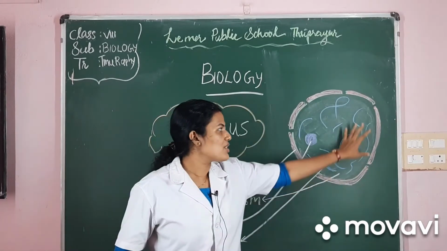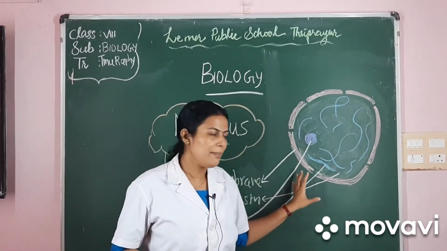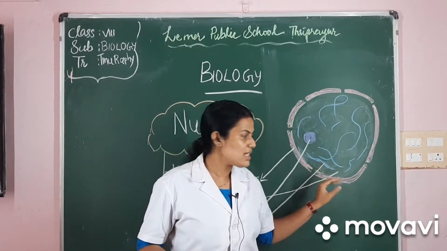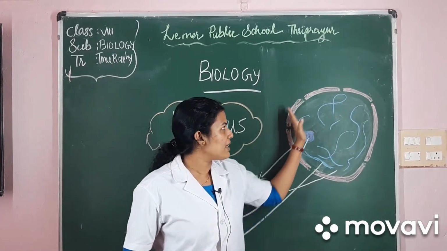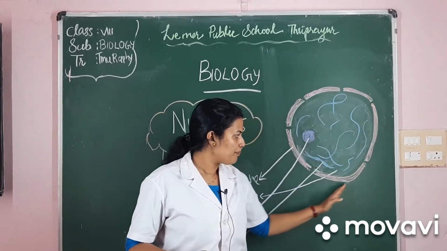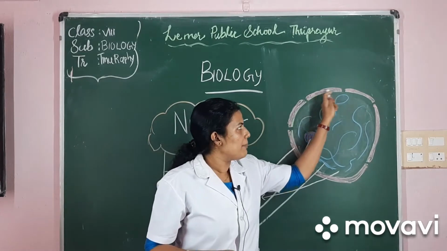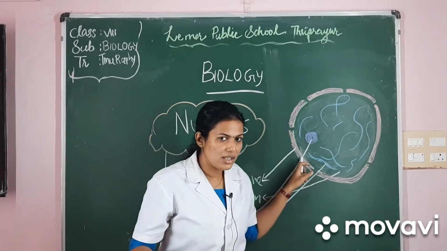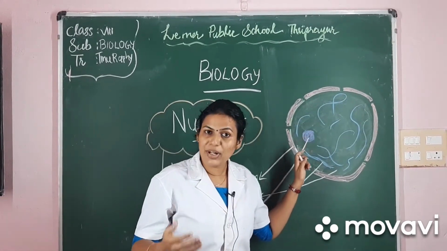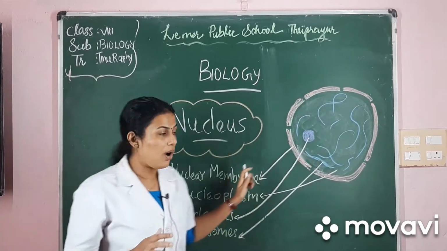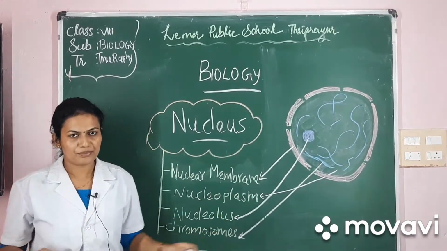So the teacher has just represented a diagram to explain the parts of nucleus. Here nucleus is having a separate membrane. See, there is an outer membrane which covers the nucleus, and this separate membrane of nucleus is called nuclear membrane.